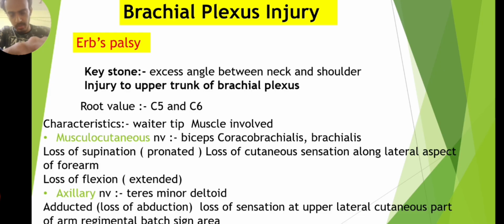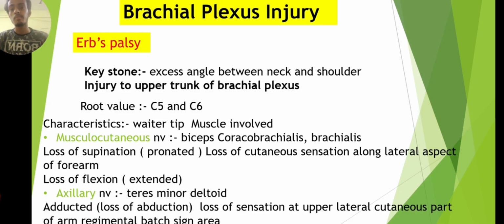I think it is clear now. Whether you know it or not, it doesn't make a difference, but the musculocutaneous nerve ends as the lateral cutaneous nerve of the forearm. So it also leads to loss of cutaneous sensation of the lateral aspect of the forearm, though it is not very important.